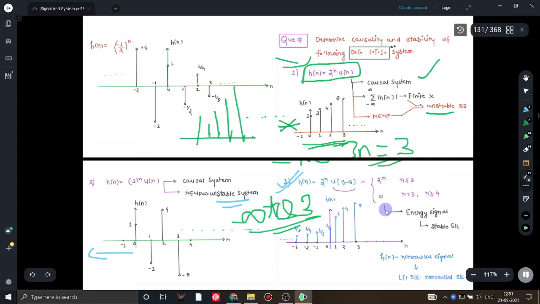And if it is from minus infinity to 3, this graph exists, and it is 2 power n. So we have made the graph of the unit impulse response, and now by looking at the graph, we can find out whether it is causal, anti-causal, stable or unstable.